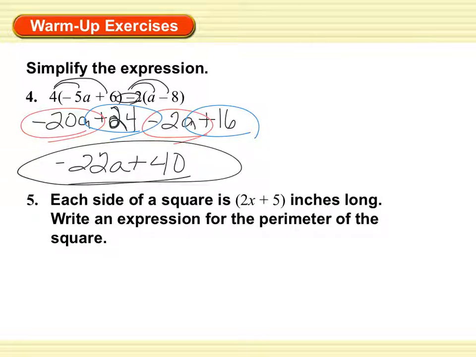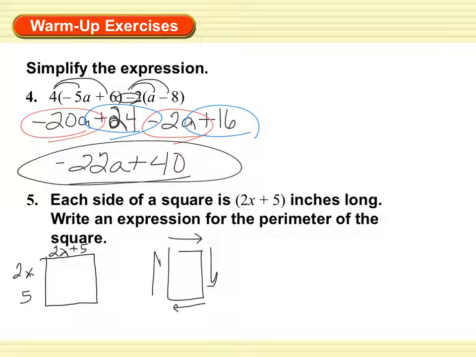So here we have each side of a square is 2x plus 5. Write an expression for the perimeter of the square. Perimeter, I add all the way around it.